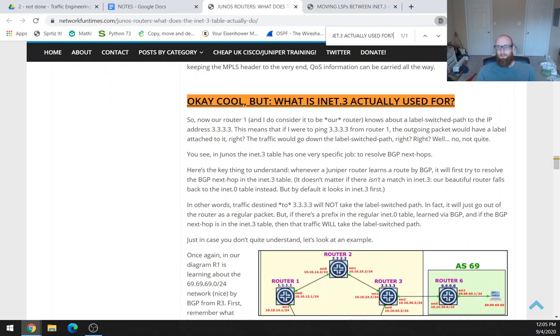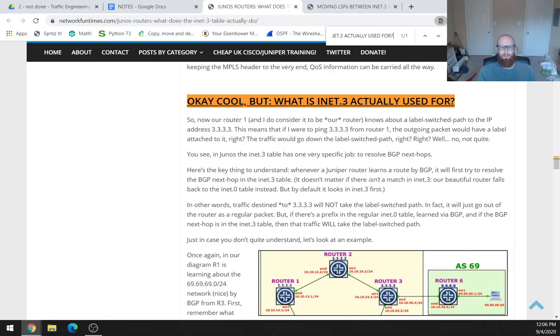This means that if I were to ping 3.3.3.3 from router 1, the outgoing packet would have a label attached to it, right? The traffic would go down the label switch path, right? Right? Well, no, not quite.